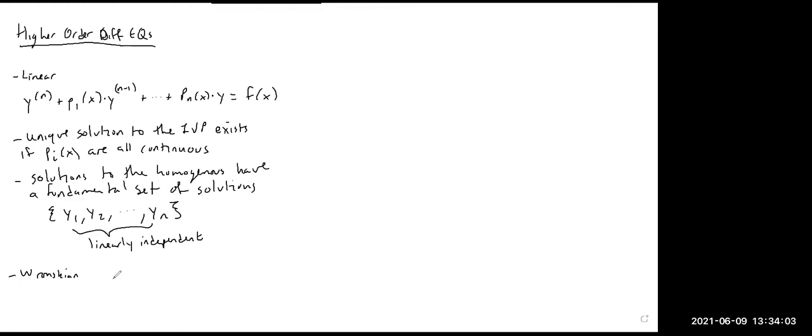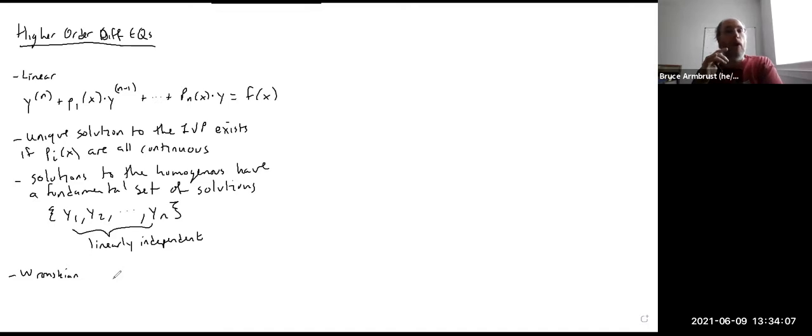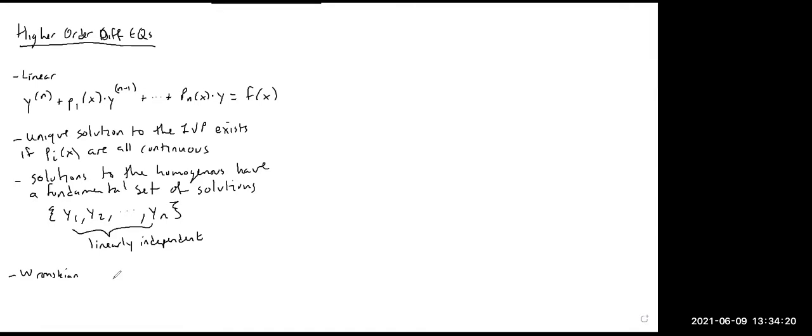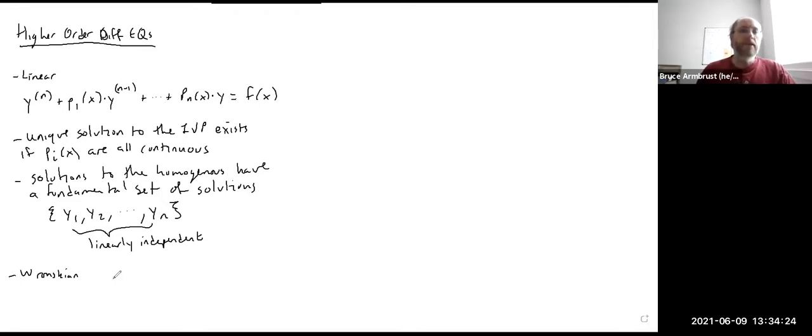We started with y1 and y2, and we made some restrictions along the way. But what did that matrix end up looking like? The first row was y1 and y2, and what was the second row? y1 prime and y2 prime. It was the derivatives.